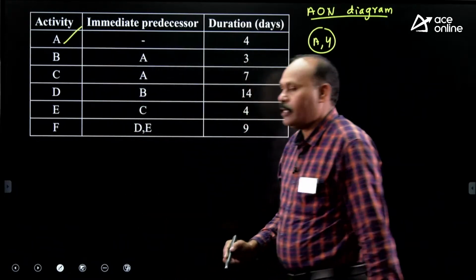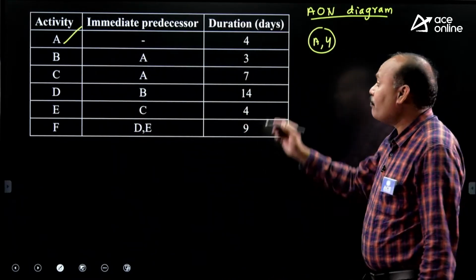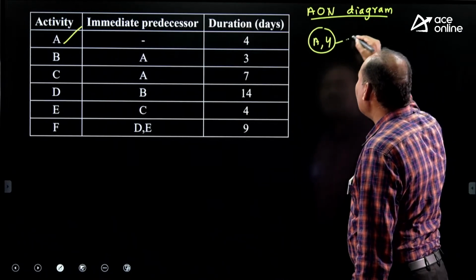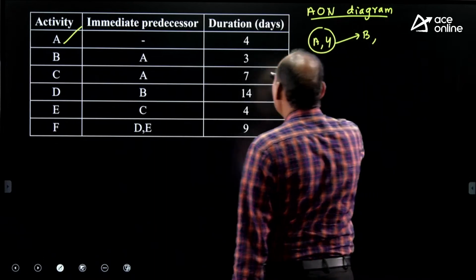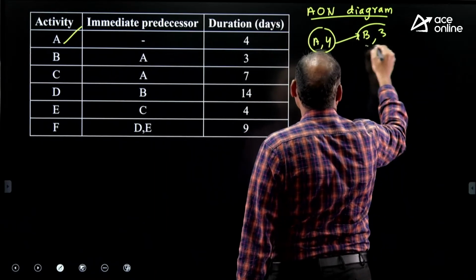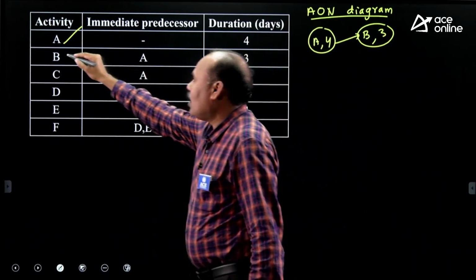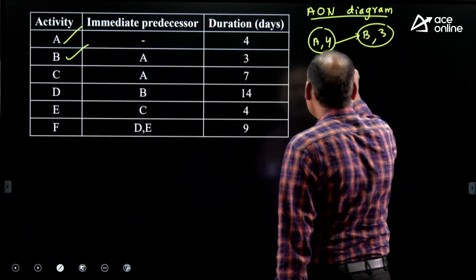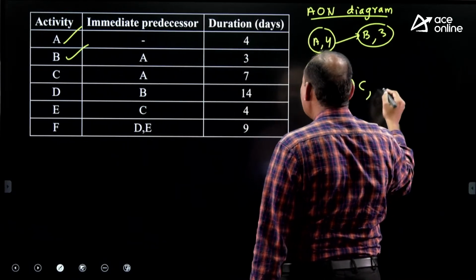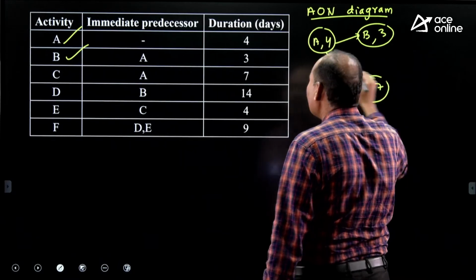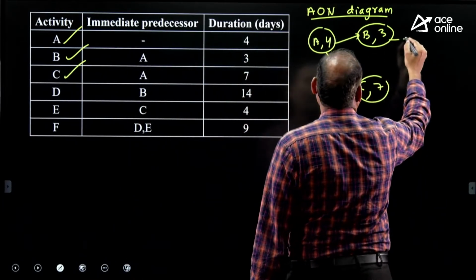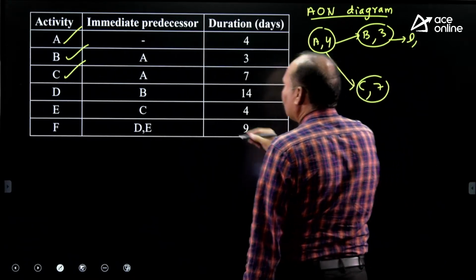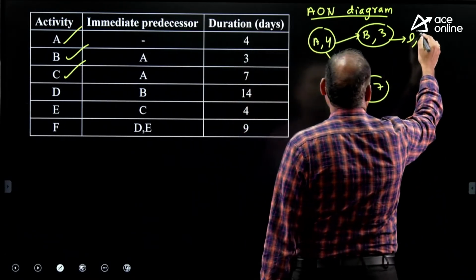Next, activity B. So B starts after A. You can keep an arrow, and B duration 3. C after A. After A, C can be taken. What is the duration of C? 7 days. D after B. Duration of D 14.